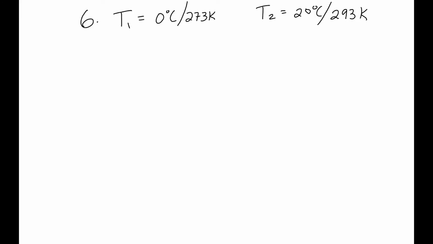Okay, number 6. A sample of gas is stored at standard temperature. So we have a T. Standard temperature, of course, is 0 degrees Celsius or 273 K. And then it says, if the temperature is increased to 20 degrees Celsius, so that's a T1, now I have to have my T2, 20 degrees Celsius, which is 293 Kelvin.